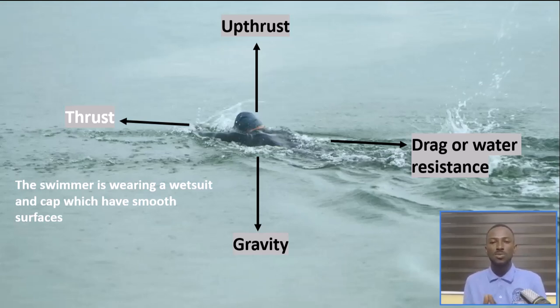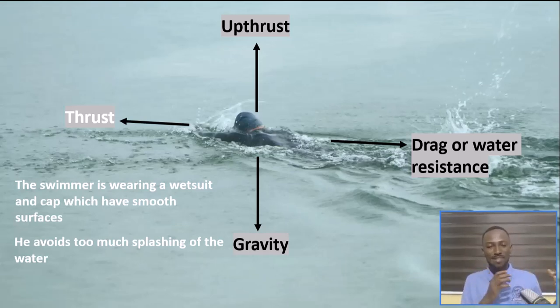These wetsuits and caps have a smooth surface, and they make it easy for the swimmer to overcome the three forces. And also, as he swims, you would notice that he tries his best not to splash the water too much. He avoids too much splashing of the water, because the more he splashes the water, the more difficult it becomes for him to swim through the water.